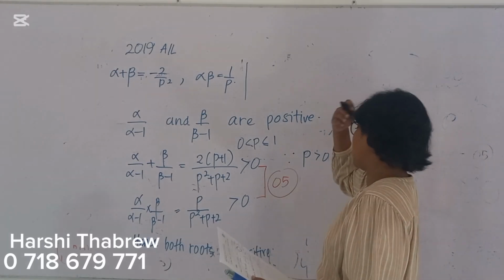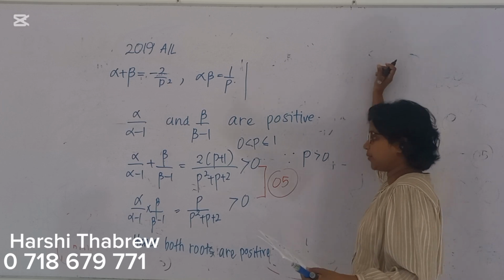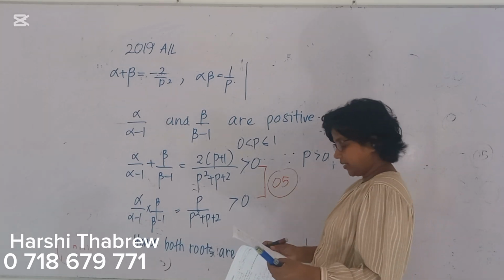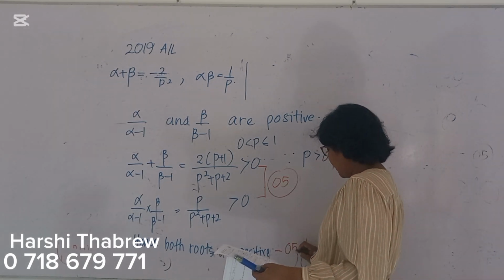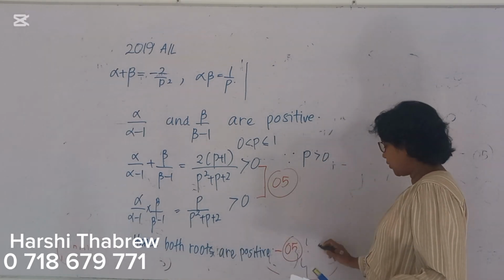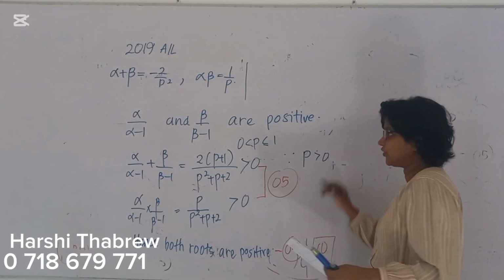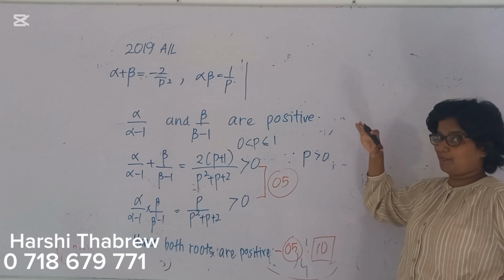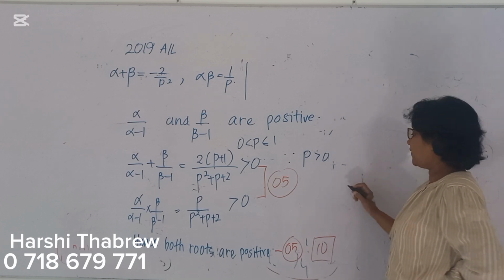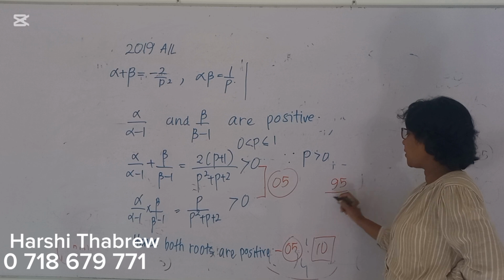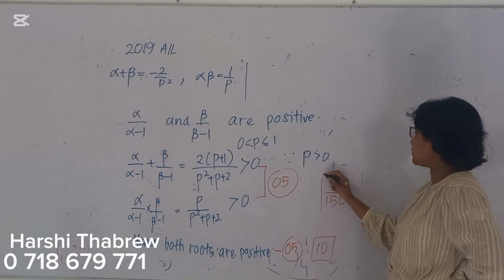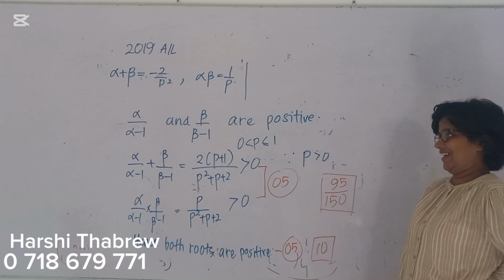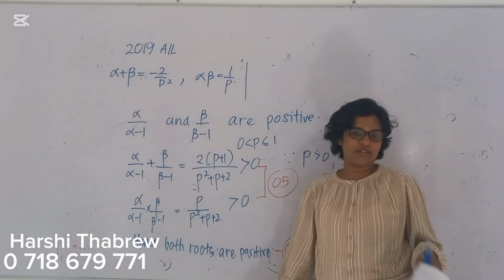For showing that these two expressions are positive they had given 5 marks, and for writing this answer they had given 5 marks, so the total is 10. Then you can see for this part, for quadratic equations and quadratic functions, part A of the question, they had given 95 marks out of 150 in 2019, right? Okay, let's see how to solve the next part.